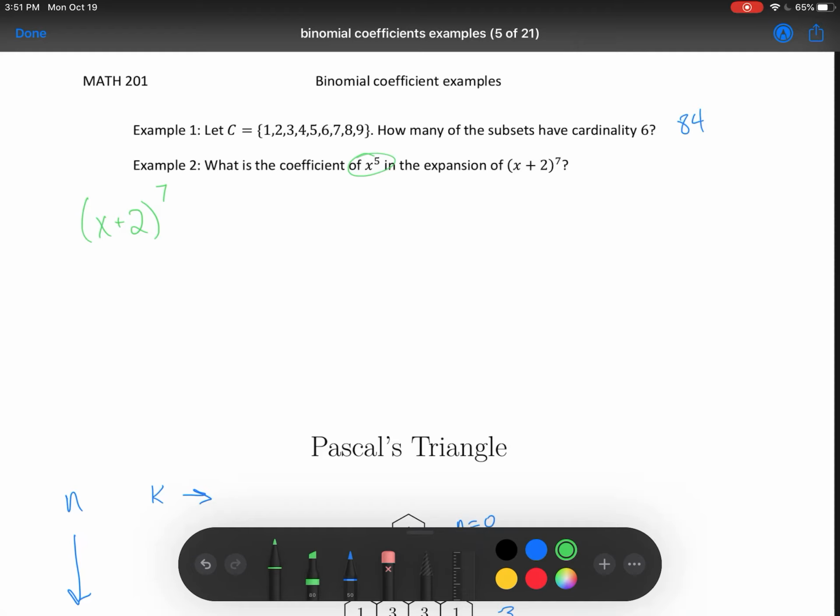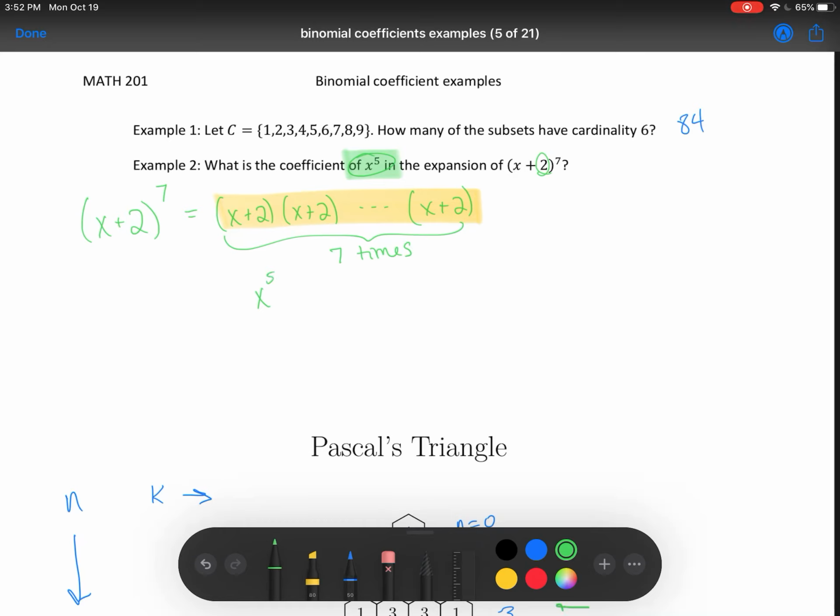This one looks a little bit different because in the notes we had talked about the expansion of x plus y, but really you can pretend this 2 is a y if you want. And remember, x plus 2 to the 7th is x plus 2 multiplied by itself. I'm not going to write these all out, but this would be 7 times. To get to an x to the 5th, we would need to choose exactly 5 of these factors to contribute an x term.